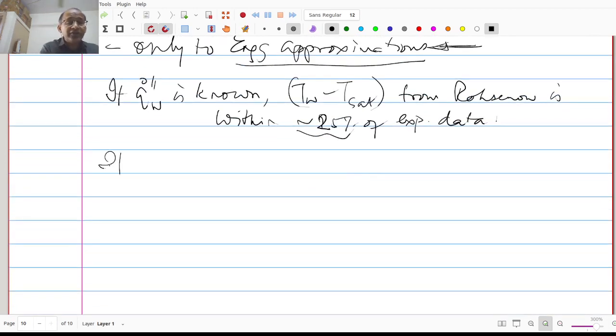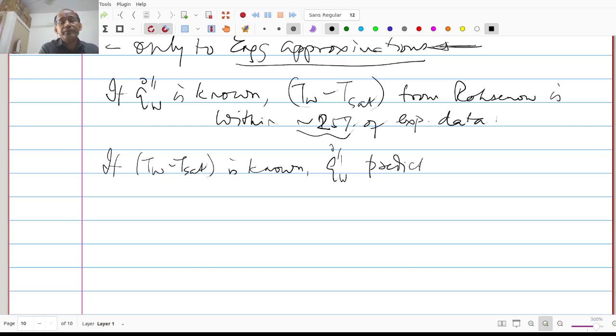So if T_wall minus T_sat is known, then q̇_wall predicted by the Rosenau equation is within 100% of experimental data.